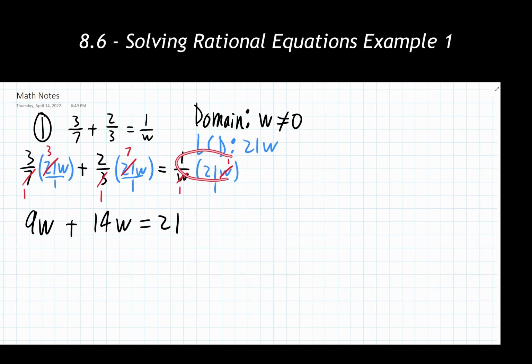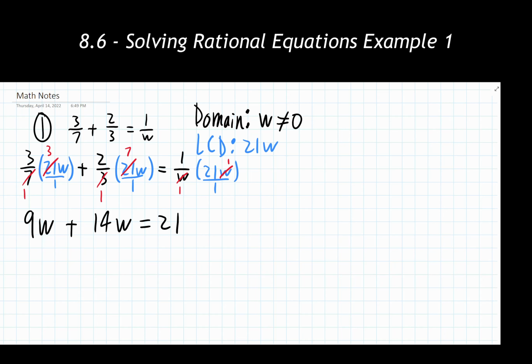And again, just these parts multiplying here. And now, again, the great advantage of this process, we have completely eliminated fractions, and we can solve this resulting expression or equation in any method that we want to. I'm going to make this 9 a little bit nicer because it almost looks like an A. Here we go. So we have 9w plus 14w equals 21.